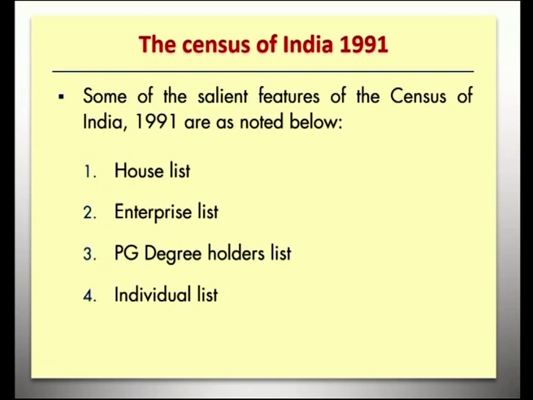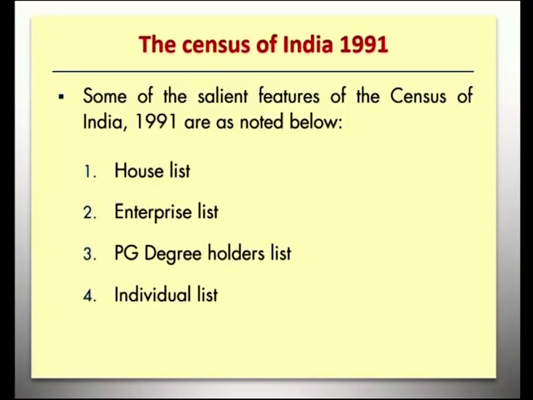So, first of all, talking about census of India 1991, some of the salient features are as noted below: first of all house list, enterprise list, PG degree holders list and individual list. What is meant by house list?